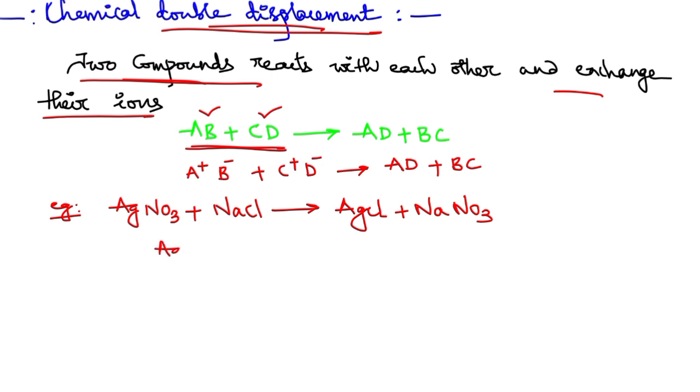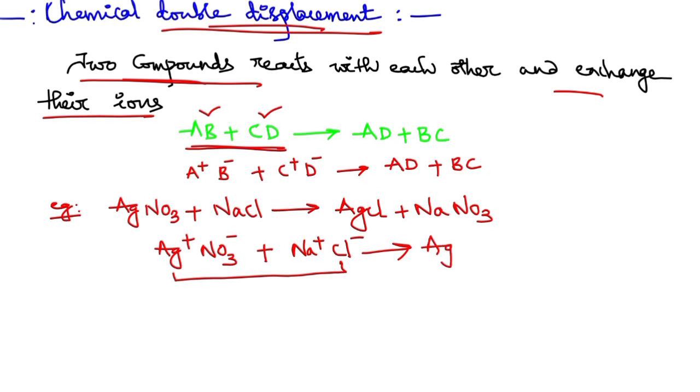This can be explained as AgNO3 is Ag plus and NO3 minus, plus Na is plus and Cl is minus. So double displacement reaction. So AgCl plus these two combined, so it is NaNO3.